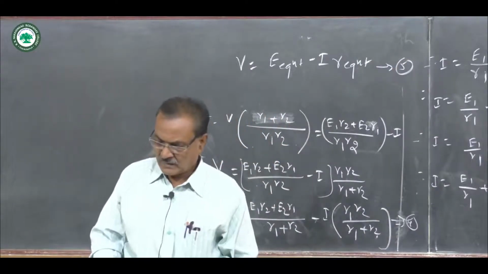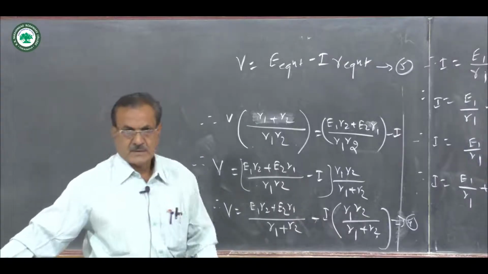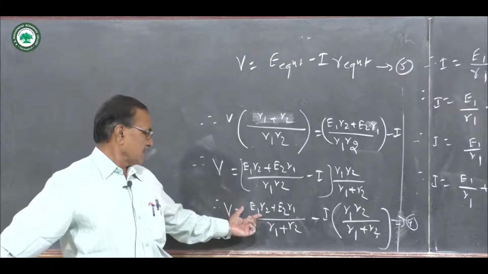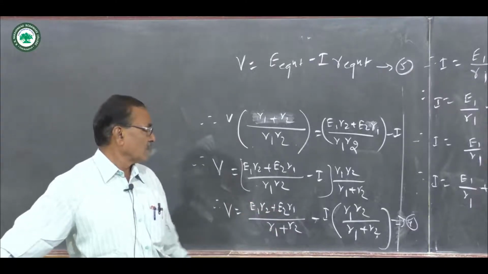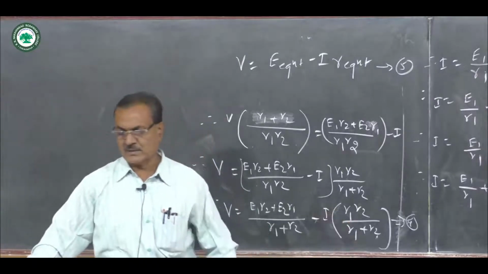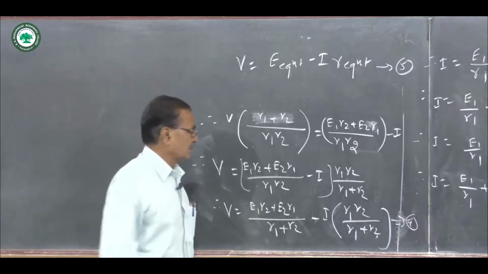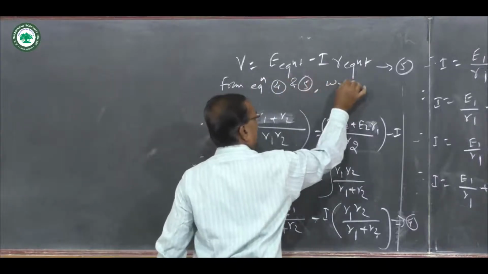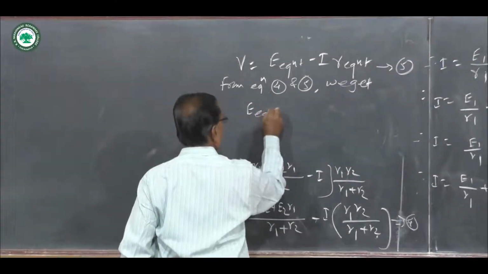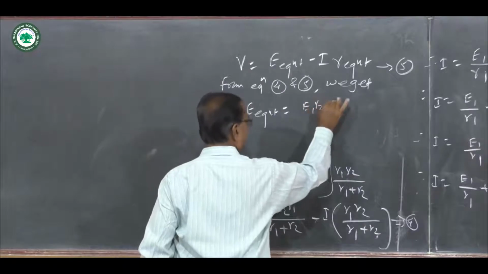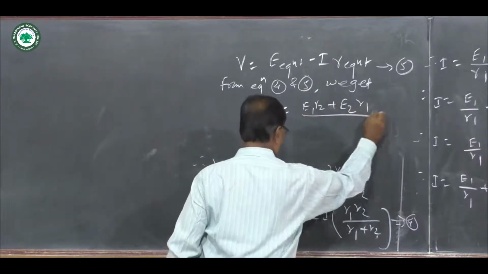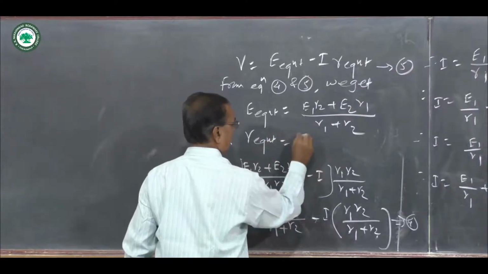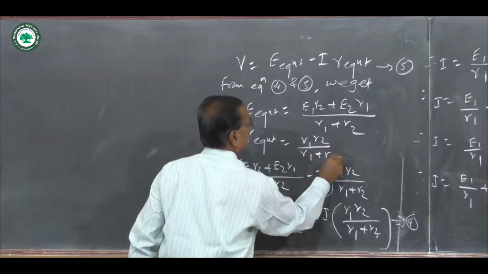Now if you compare equation 4 and 5, from equations 4 and 5 we get E equivalent is equal to E1 R2 plus E2 R1 upon R1 plus R2, and R equivalent is equal to R1 R2 upon R1 plus R2.